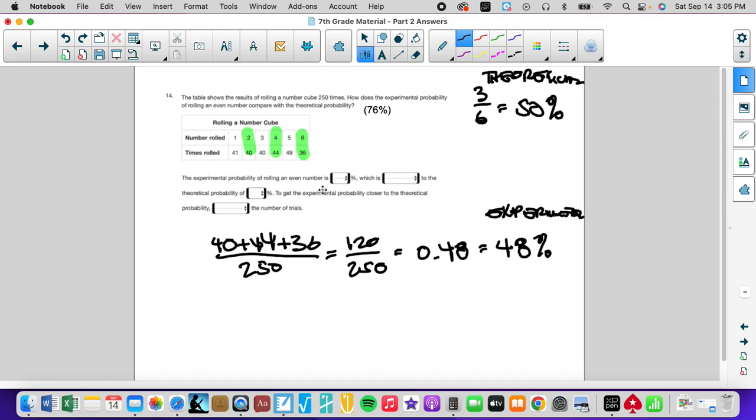And to get the experimental probability closer to the theoretical probability, increase the number of trials. Well, we know that it's always going to be moving towards this, so we need to continue increasing the number of trials. We want to continue to roll those dice, and we will eventually move closer to 50.